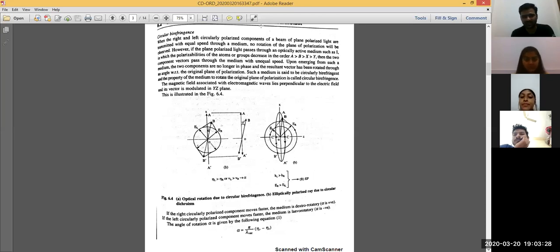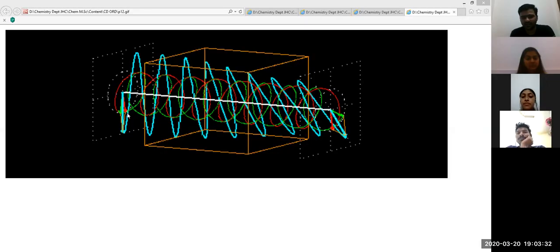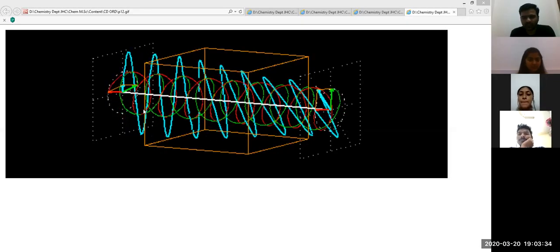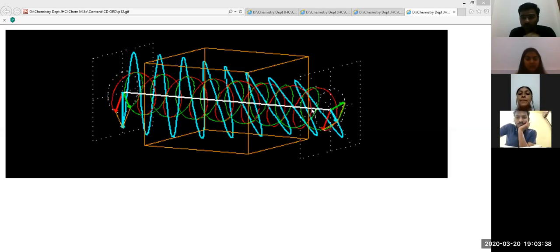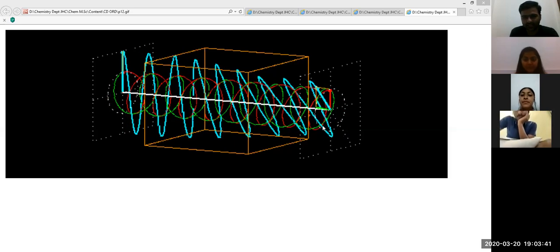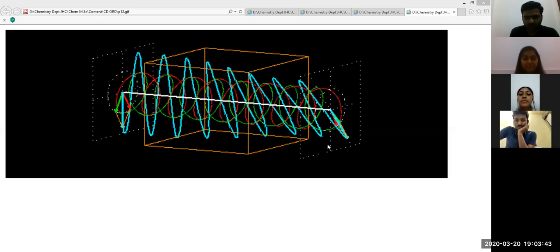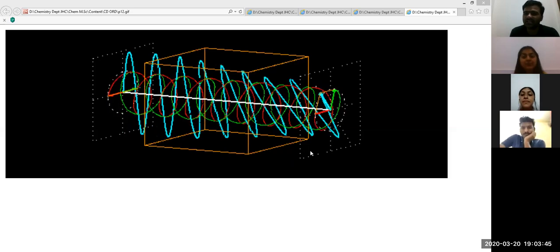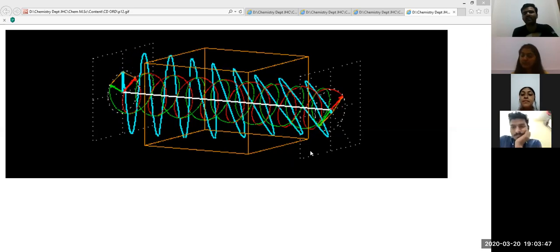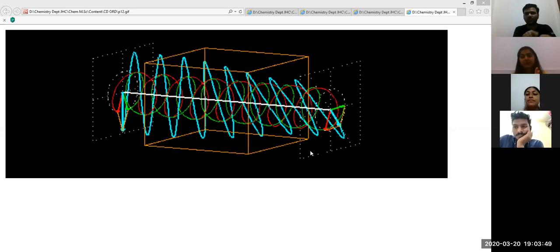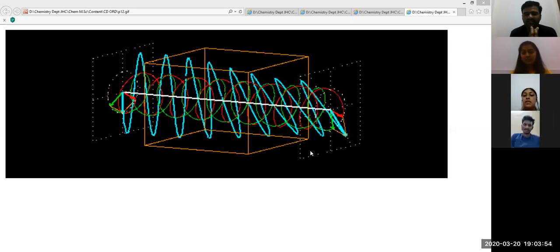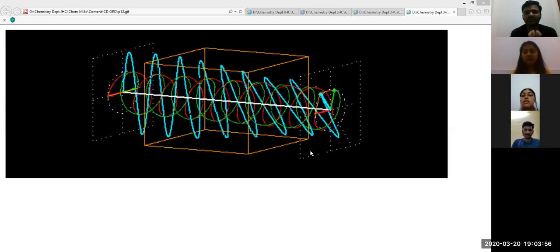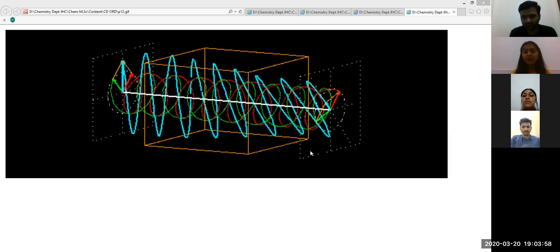In this example, if the left circularly polarized light is moving faster than the right circularly polarized light, it is because the medium is chiral. It's a chiroptical property, only exhibited if the medium is chiral. If the medium is not chiral, both the right and the left circularly polarized light would travel through with the same velocity. In that case, you would say that the medium is not circularly birefringent.